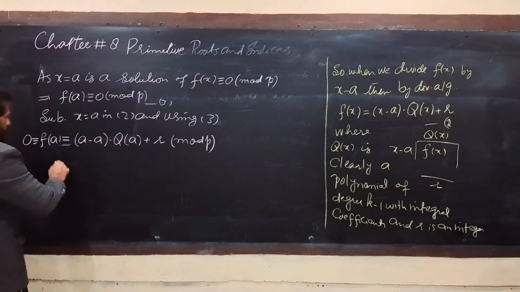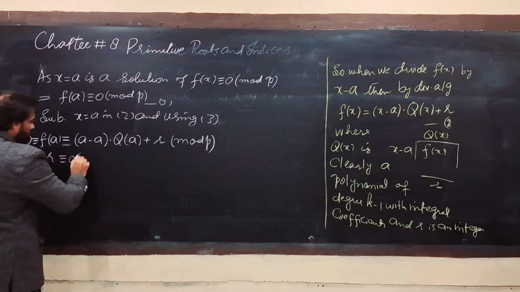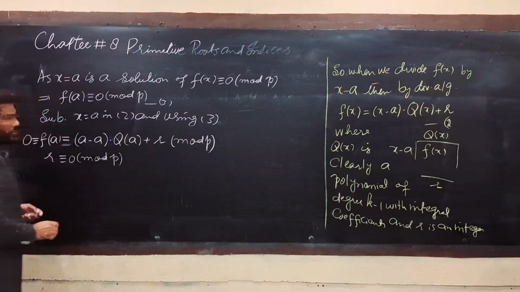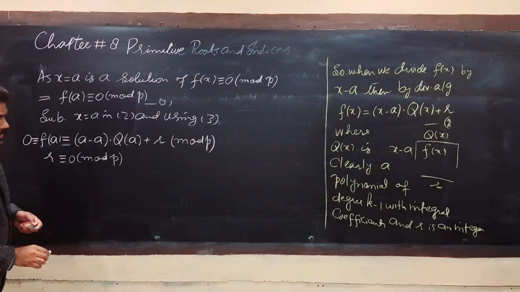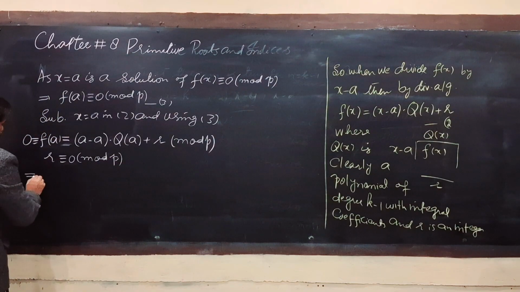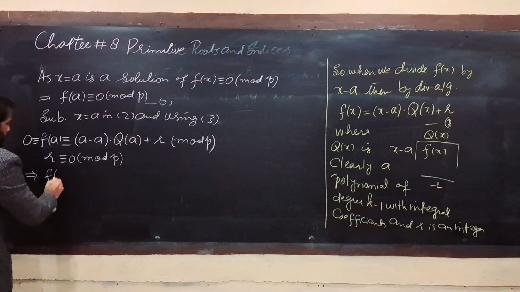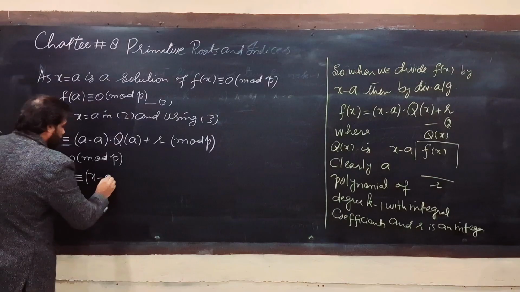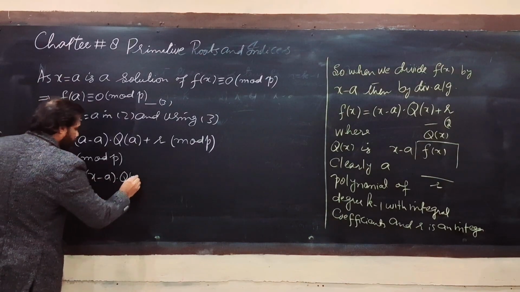And finally we have r congruent to 0 modulo p. This implies your f of x is congruent to x minus a into q of x.